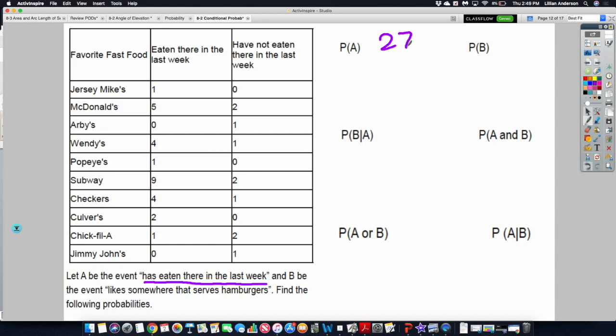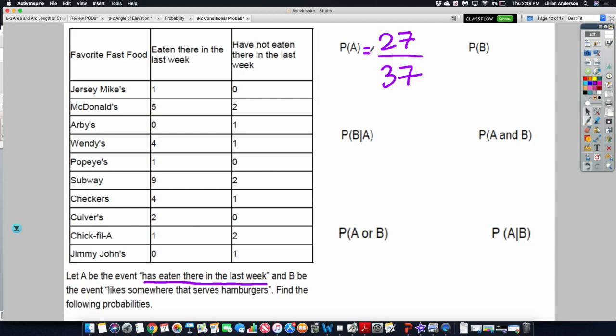This number comes from the total of the ones who've eaten there last week. Okay? How many people total are there? 37. Okay. So 27 out of 37. That is the probability of A, the probability that someone has eaten there in the last week.